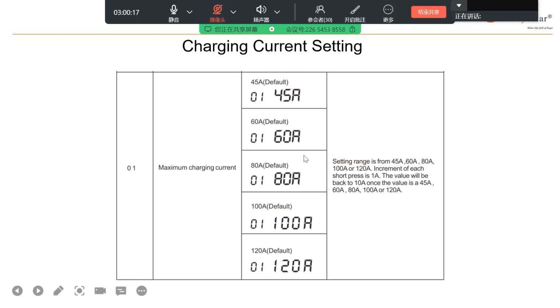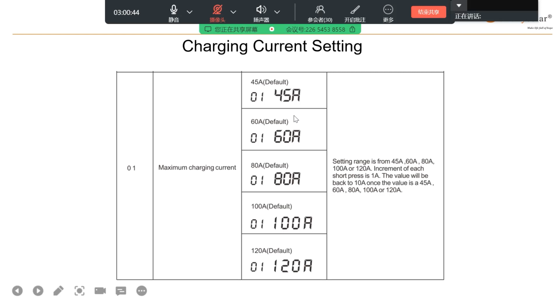And this is the charging current setting. The charging current setting depends on your battery group. Next time when we introduce battery parts, no matter if it's lithium battery or lead acid battery, they all have charging and discharging limitations.